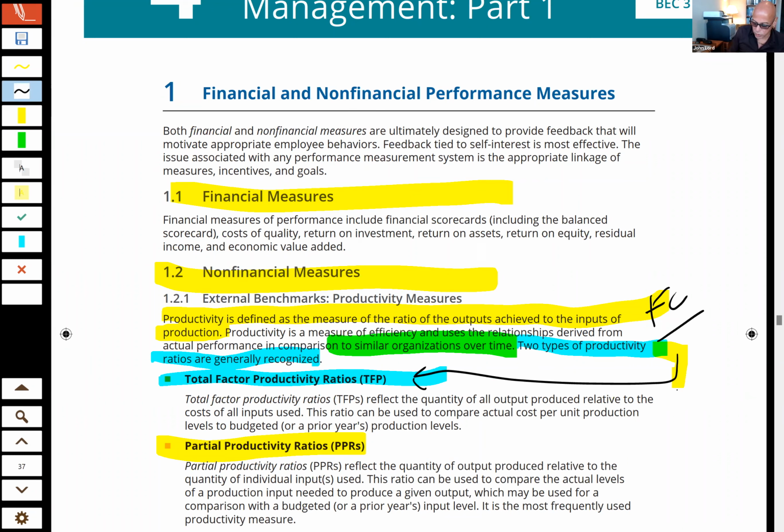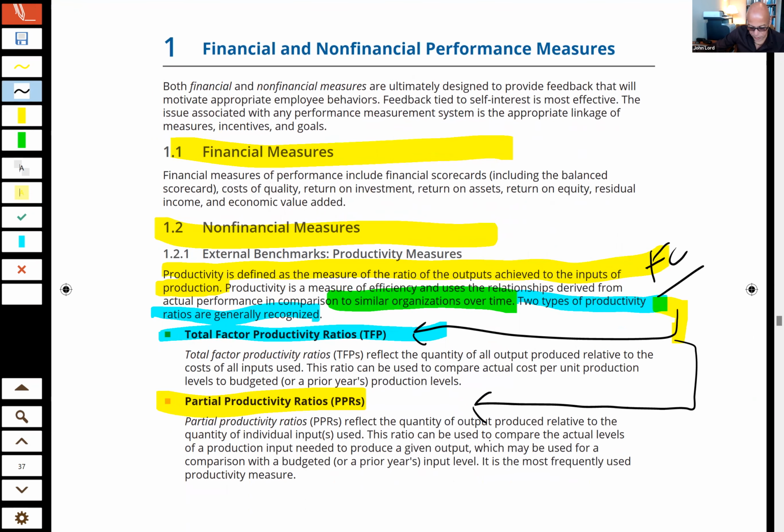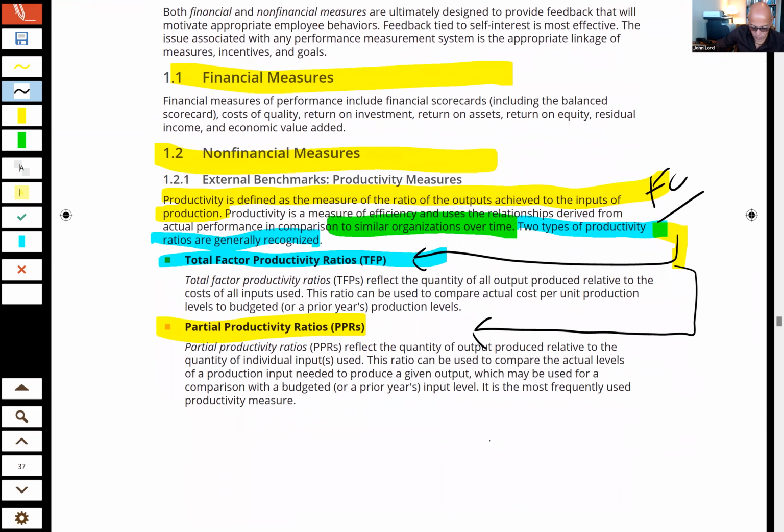So you can flashcard the two types, partial and total. Okay. Now, when we look at partial, include on your flashcard that partial is the most frequently used productivity measure.